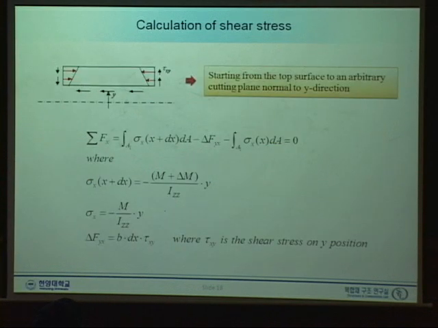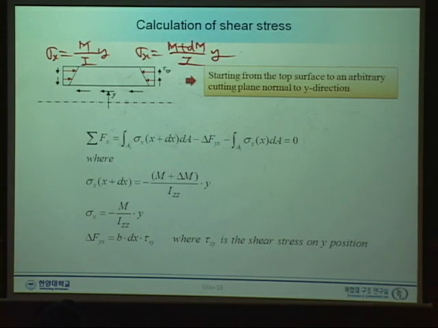Now let's go one step further. See again, here is the sigma x given moment M, and here is sigma x with the moment increment. Well, there is a minus there. See, this one and this one, they are different.